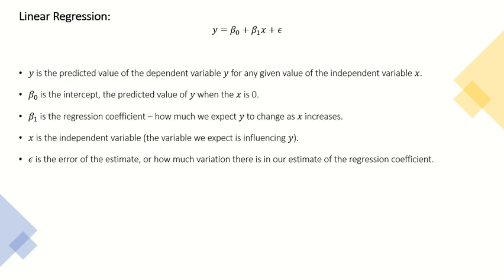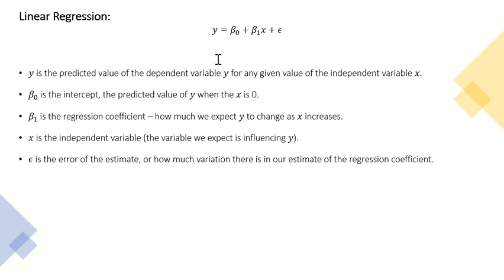When we have only one dimension for our input and output, linear regression will have the simple form of y is equal to beta 0 plus beta 1 x plus epsilon. Beta 0 is the amount of our dependent variable when x is equal to 0.